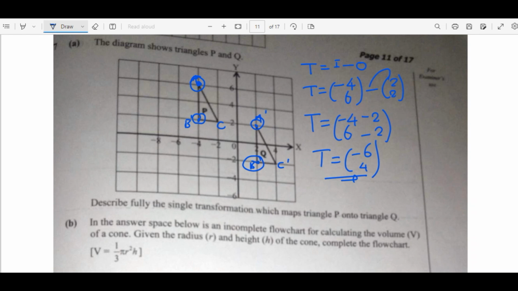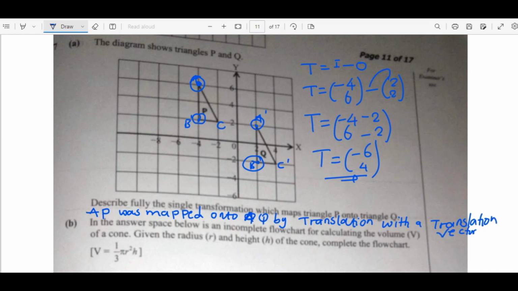Now, after we have the translation vector, we can describe this. We can say triangle P was mapped onto triangle Q by translation with a translation vector -6, 4.